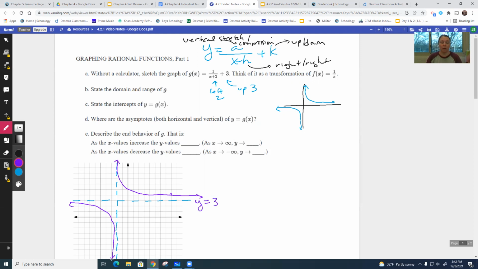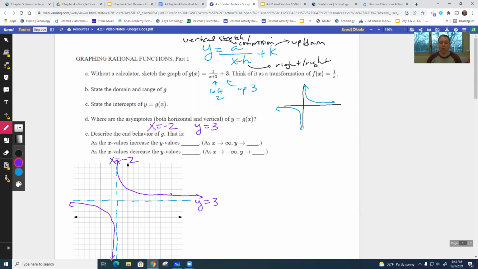And vertically, it's getting closer and closer to this vertical line, x equals -2. The asymptotes are the lines that your graph approaches but never crosses. So we have a vertical asymptote at x equals -2 and a horizontal asymptote at y equals 3.